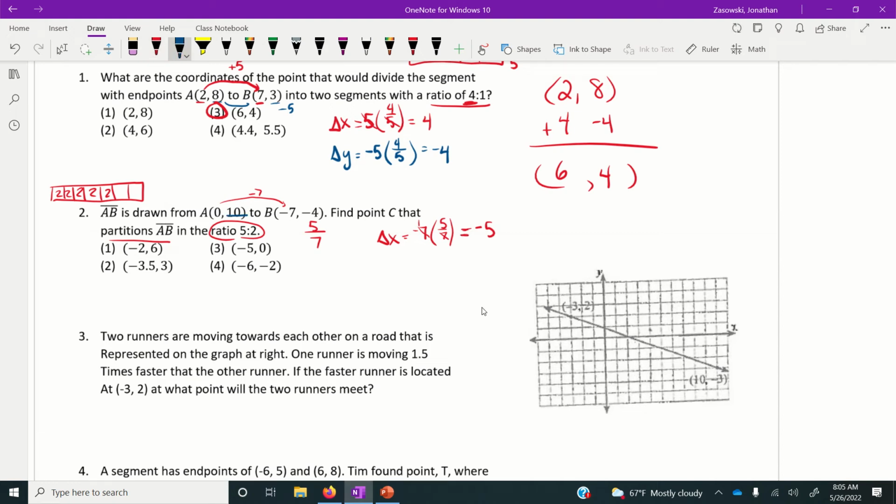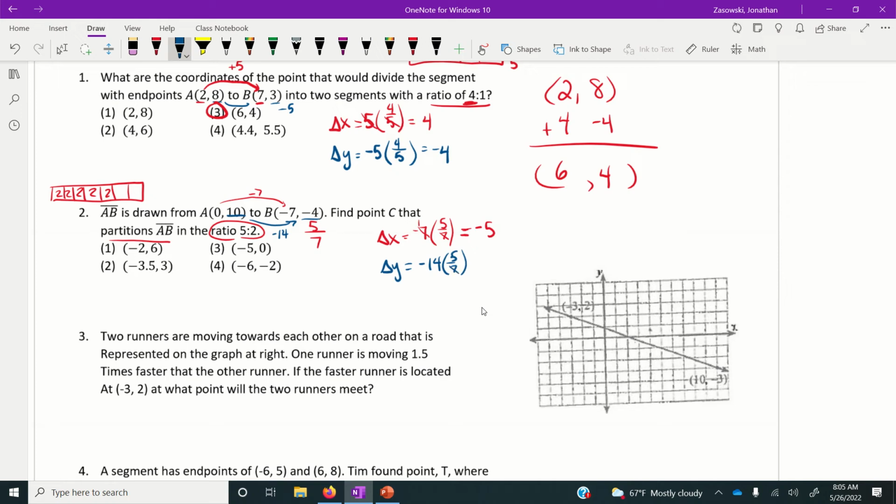All right, the change in y is going from 10 to -4. So remember, we have to go from 10 down to 0, and then another 4 to get down to -4. So this is -14. So the change in y is -14 times 5 over 7. So you could multiply it out to get 14 times 5, which is going to give us -70 and then divide it by 7.